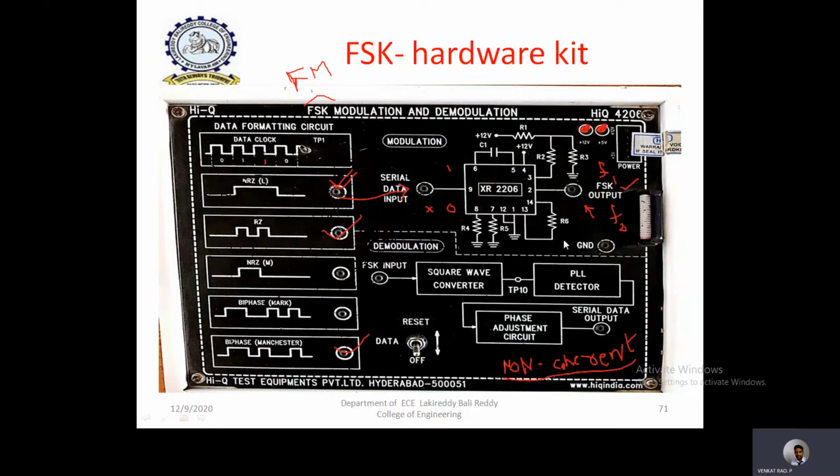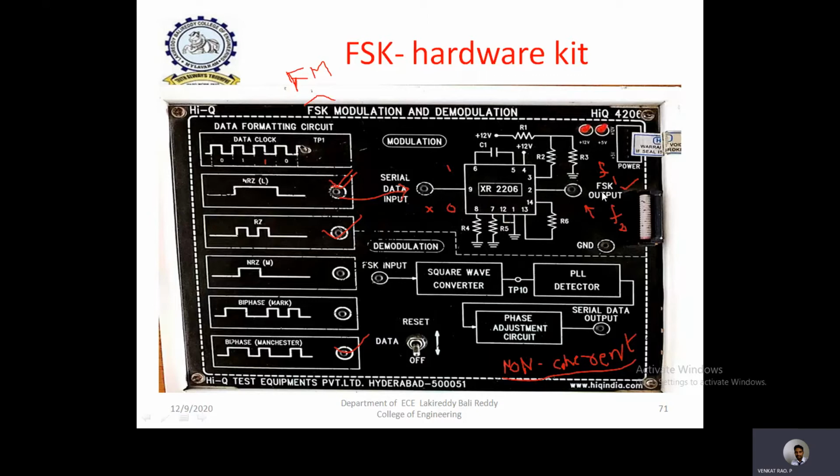But here the question is, where is the carrier? Here there is no carrier signal mentioned, but in frequency modulation or FSK kits, the default output of the modulation without connecting any input is nothing but the carrier signal.